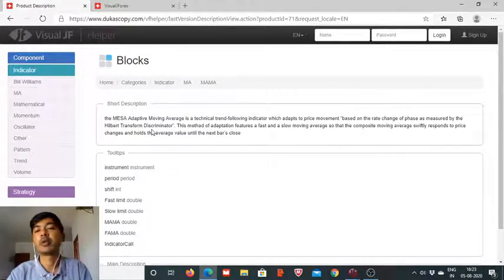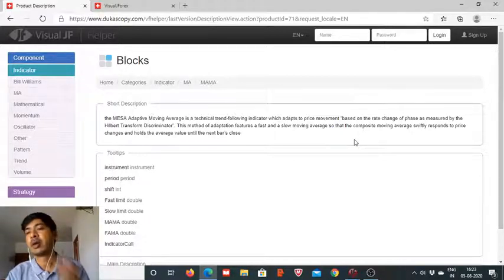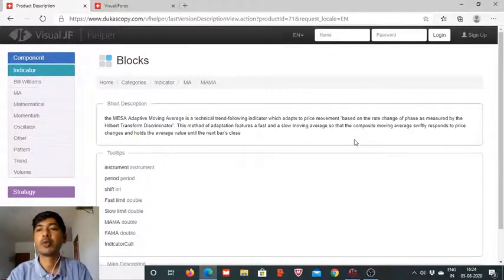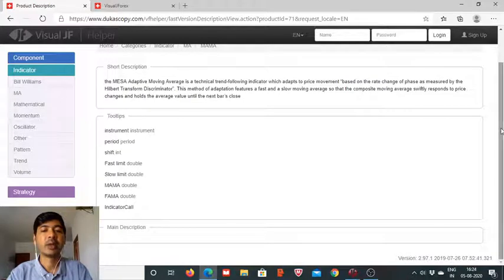This method also adapts the features of fast and slow moving averages, and combines that with the composite moving average to get a quick response to the price change, and that's how it is better in a way compared to the simple moving average. But of course its use is going to be dependent on how you perceive it.